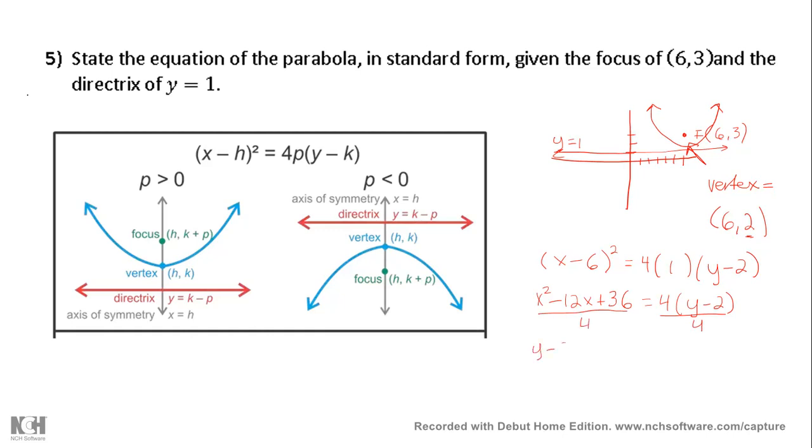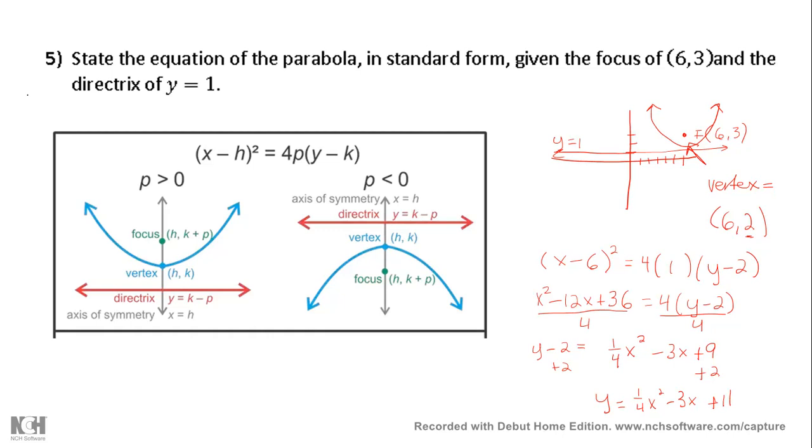So now I have y minus 2 is equal to 1/4 (x squared minus 3x plus 9). Now when I add 2 to both sides, I have my final equation, y equals 1/4 x squared minus 3x plus 11.